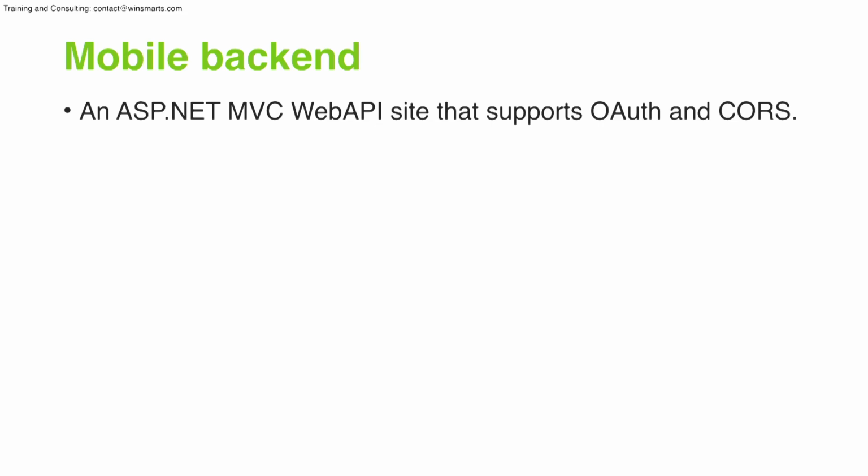So let's start looking at some code. Again, I got 20 minutes left. So what I did, create a mobile backend, which is an ASP.NET MVC web API site that supports OAuth for authentication and CORS. Why did I go with CORS? Because the app I'm going to write is not going to run in the same domain as my services, right?